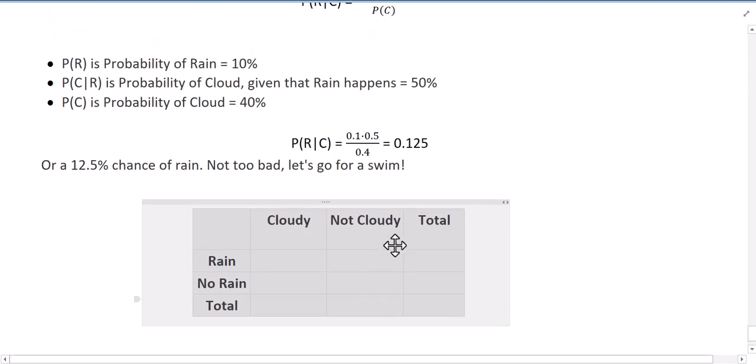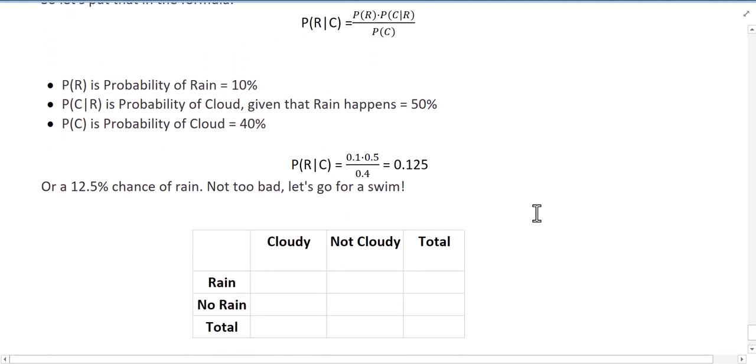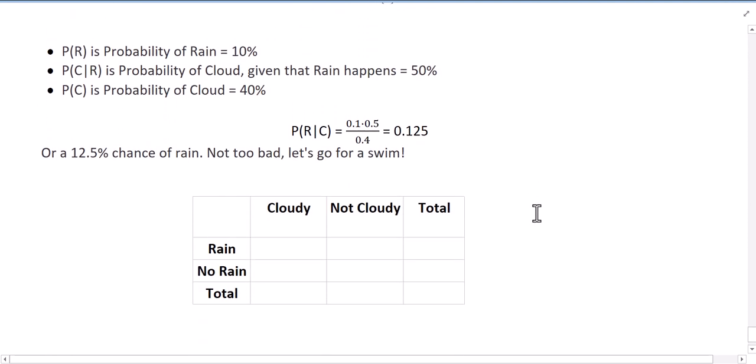I know that we're looking at rain versus cloud, so it's either cloudy or not cloudy. I put those in there, and I'm looking for the probability of rain given cloud, so I know that those have to intersect somehow. That's why I put rain in rows and clouds in columns, but you could have reversed that.